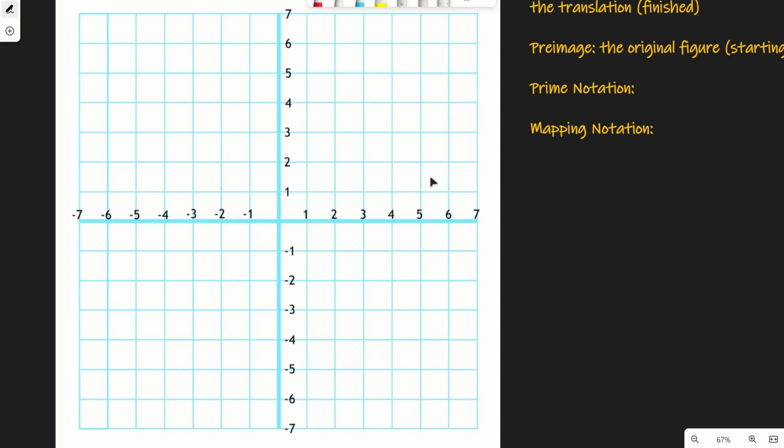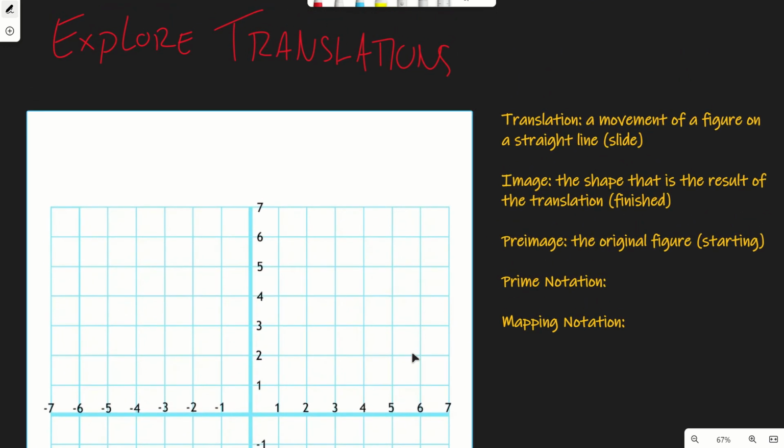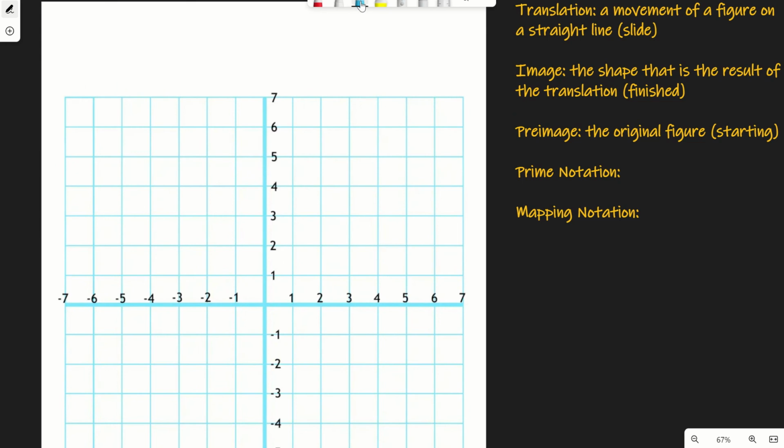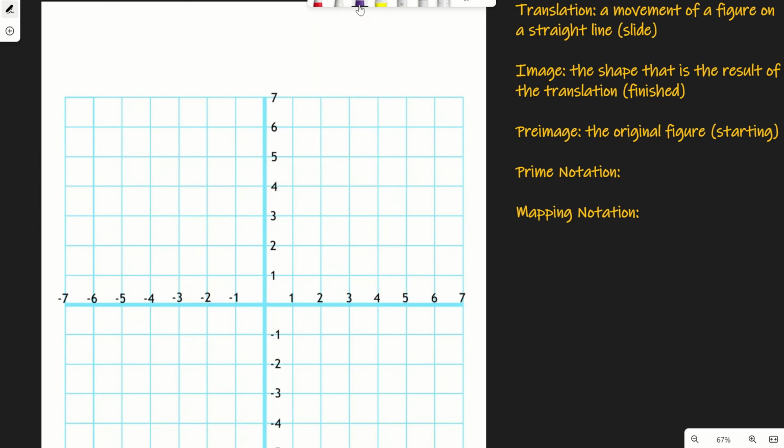Now, when we talk about translations, let's say I have, on my graph here, this shape that's going to go here and here and here.